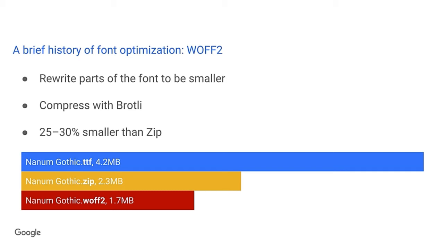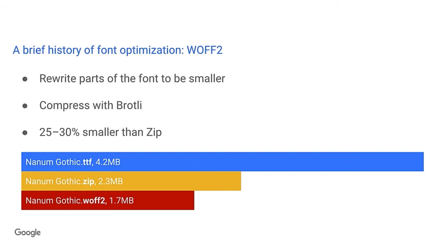The net result is that as compared to the best zip we can achieve, spending as much CPU as we can to come up with the absolute best zip we can create, it's still 25 to 30% smaller. So this is a huge win for us, and when we deployed this for our users, their websites got a little bit faster.